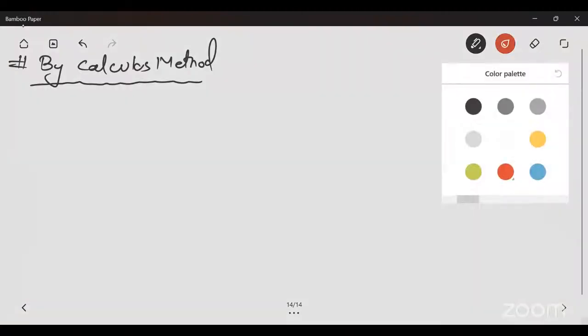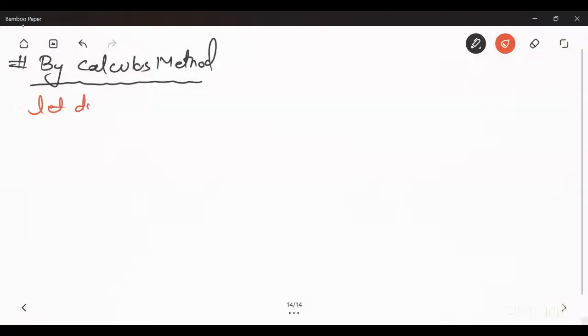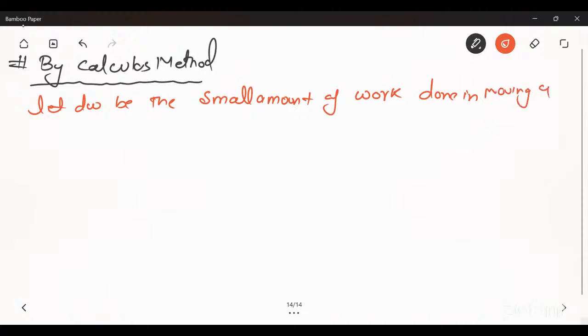Firstly, let dw be the small amount of work done in moving a displacement dx.